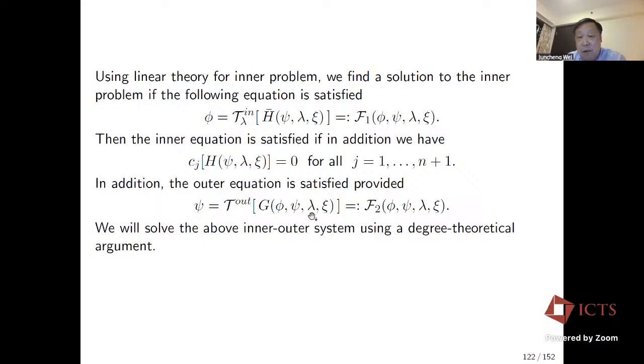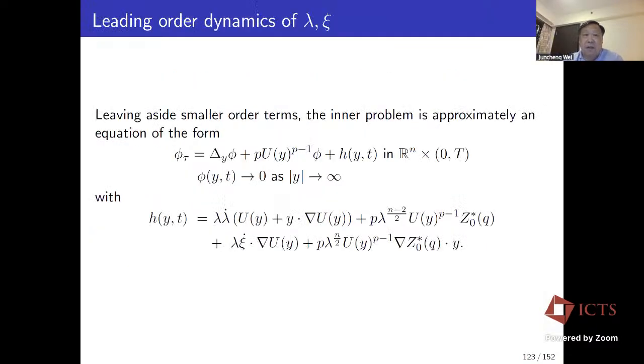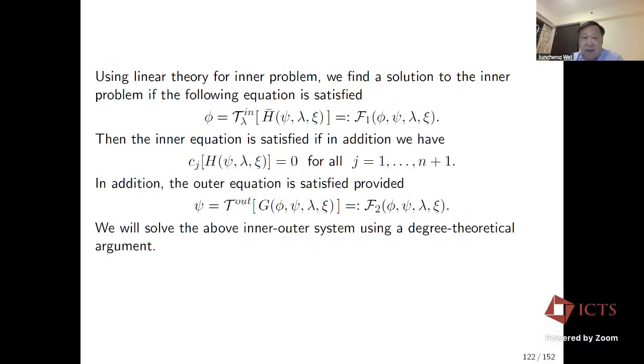And the outer problem can be written in terms of the inner problem. And this is a coupled system, and we can use the Schauder fixed point theorem to solve the problem.